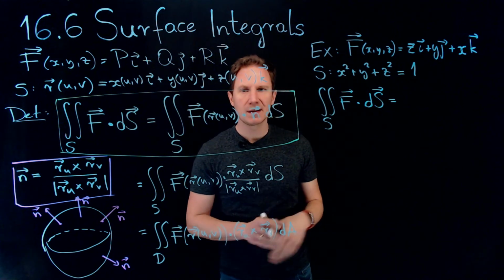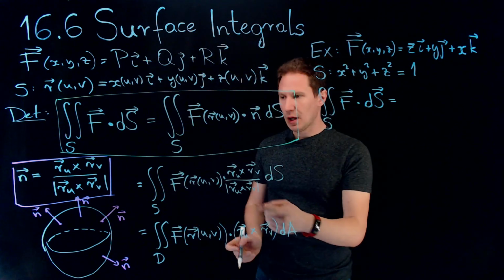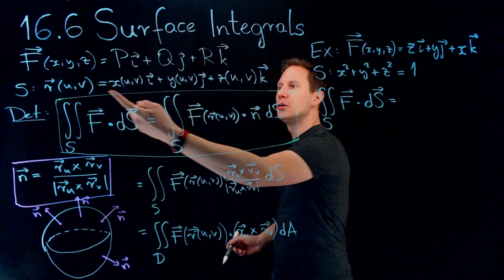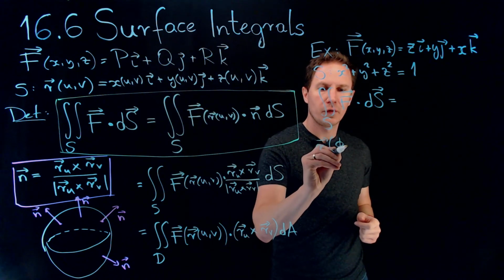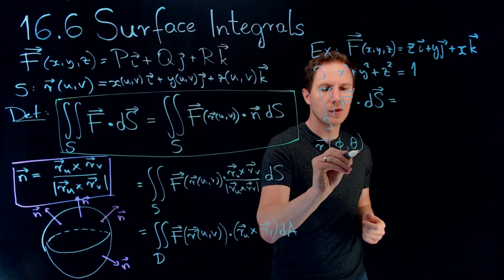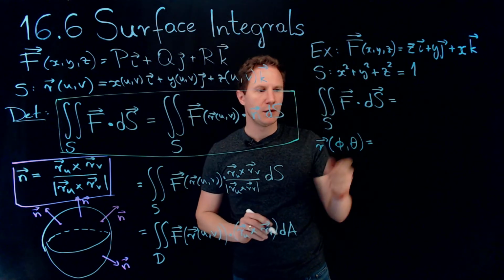Okay, I hope you paused it and realize that our vector function r(u,v) is just a function of, instead of u and v, let me just reuse the spherical coordinates phi and theta.